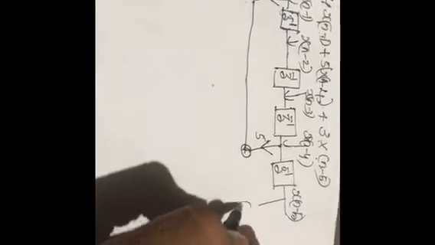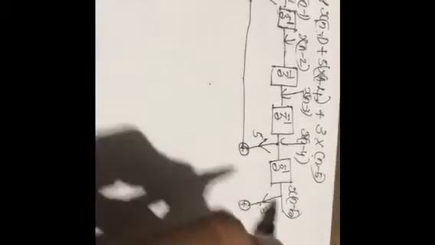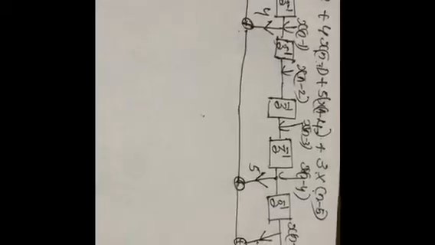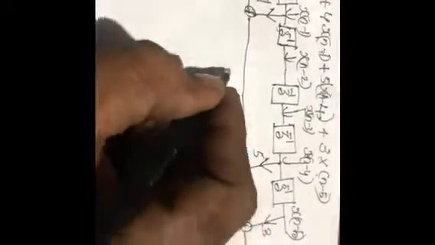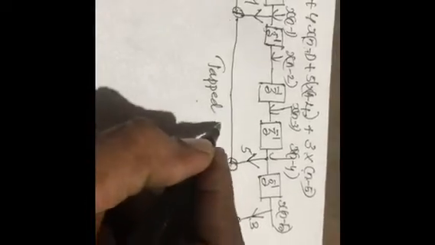So we use another summer. Then after x(n-5), we got y(n). This is the direct form realization of an FIR system. This structure is also known as tapped form.